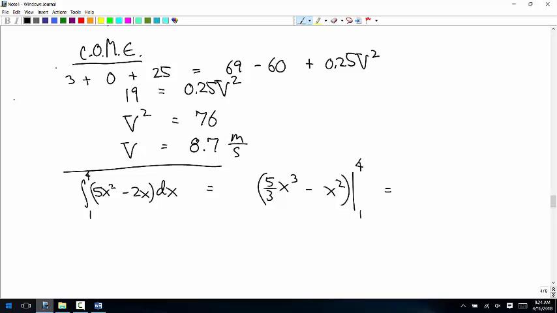And that is 64 times 5 over 3. I want to calculate that. 90.6 repeating.